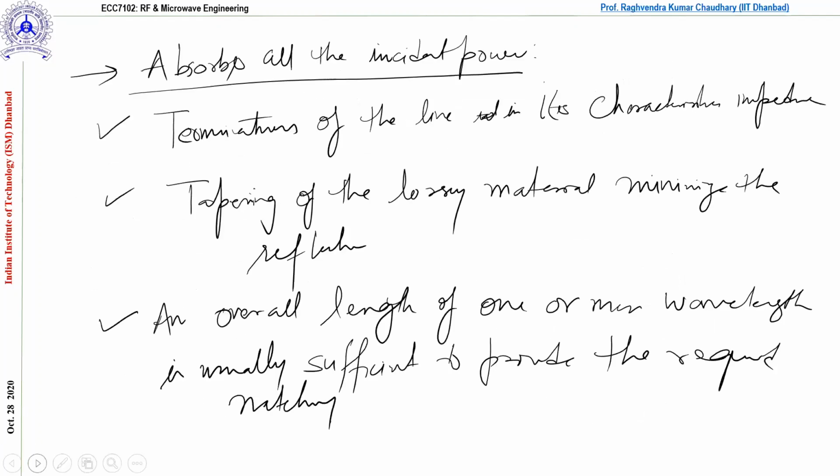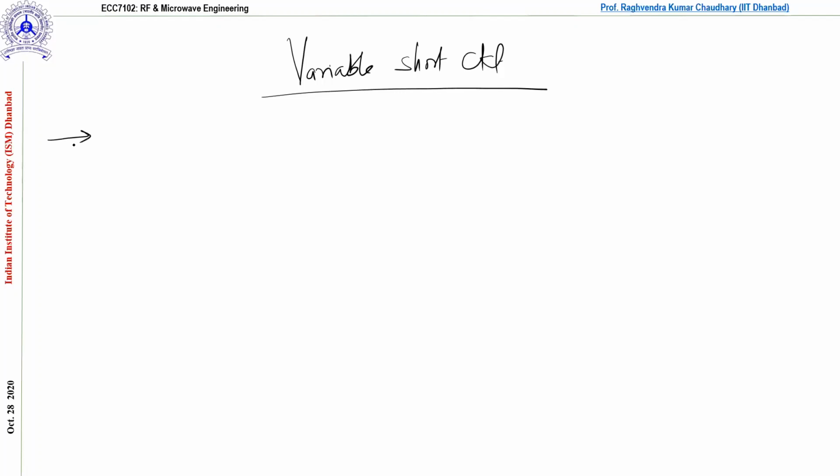Now another thing is that this is the fixed kind of thing. Now let us talk about the variable short circuit. Okay, so variable short circuit, what is that? The first point, termination for reflecting all the incident power.